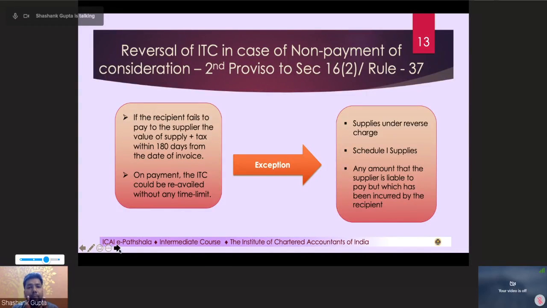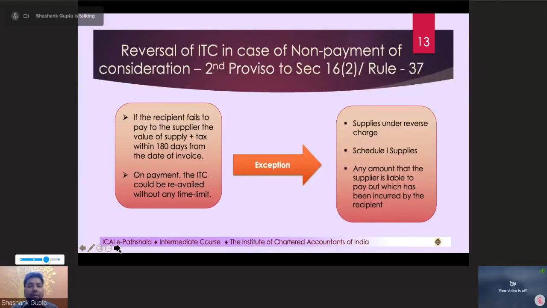So as to plug these kind of fake transactions, government introduced a rule that against any supply for which you are claiming input tax credit, the payment should have been made within 180 days from the date of invoice.